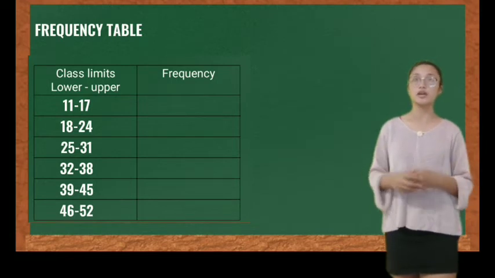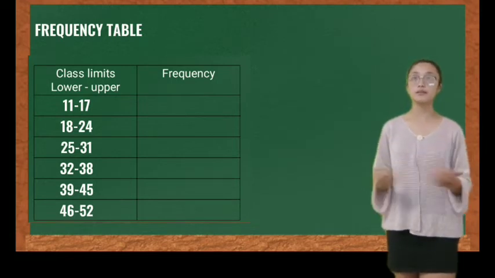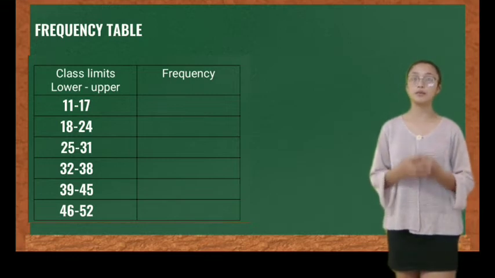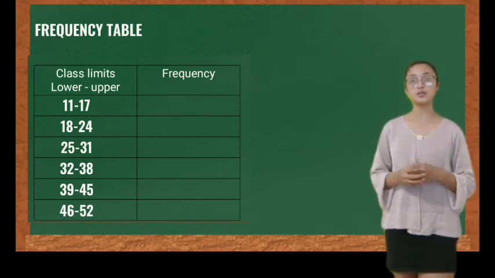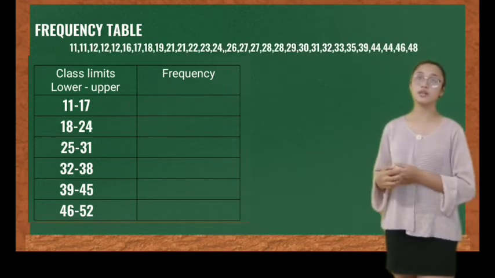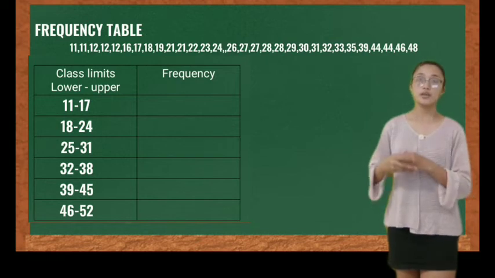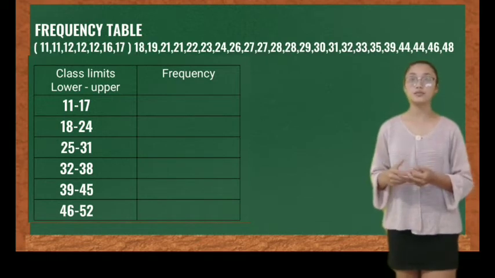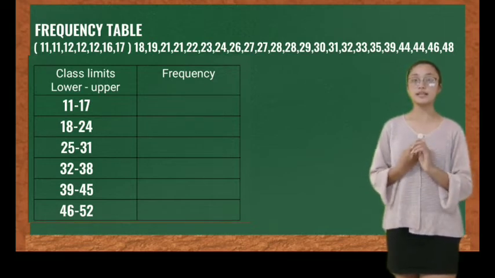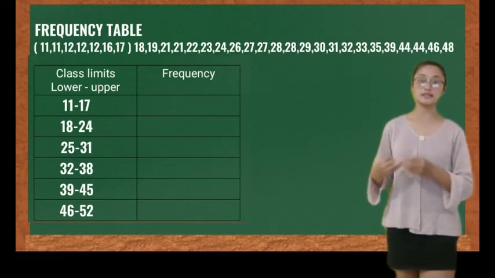So for example, the first group is 11 to 17. So from the sample data that we already arranged, we have 11, 11, 12, 12, 12, 16, and 17. So the first class has a frequency of 7.